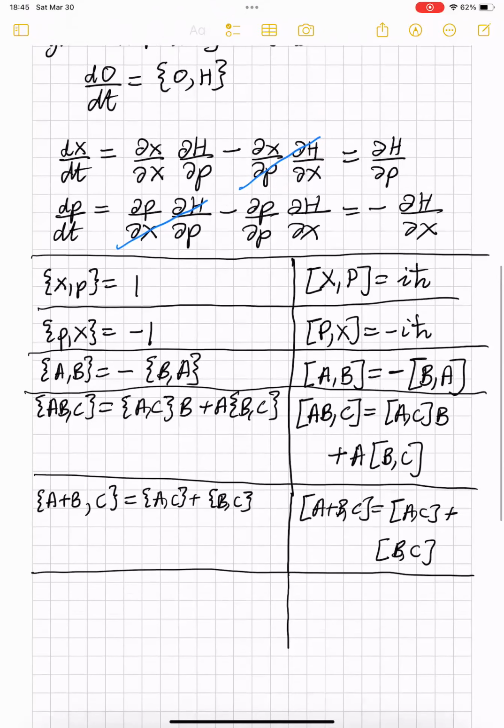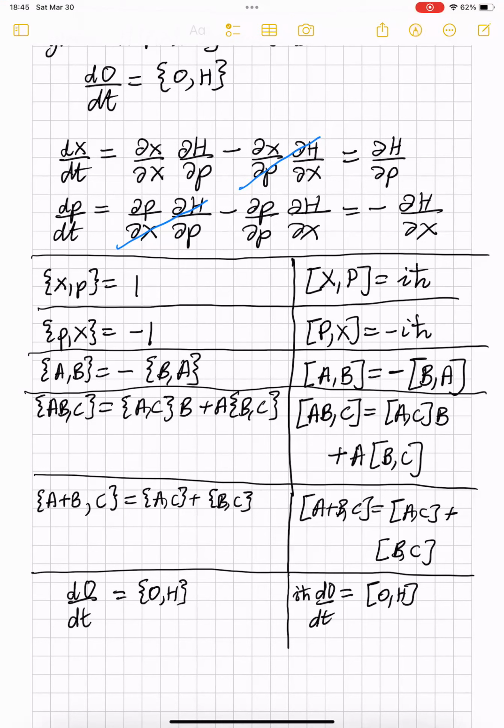If you've got the value of the Poisson bracket, you just multiply by iħ to get the value of the commutator. So here's an example of that rule. If we've got dO/dt is equal to the Poisson bracket of O with H, well, like I told you, you replace the Poisson bracket with the commutator, and the value is iħ times the value that you had for the Poisson bracket.